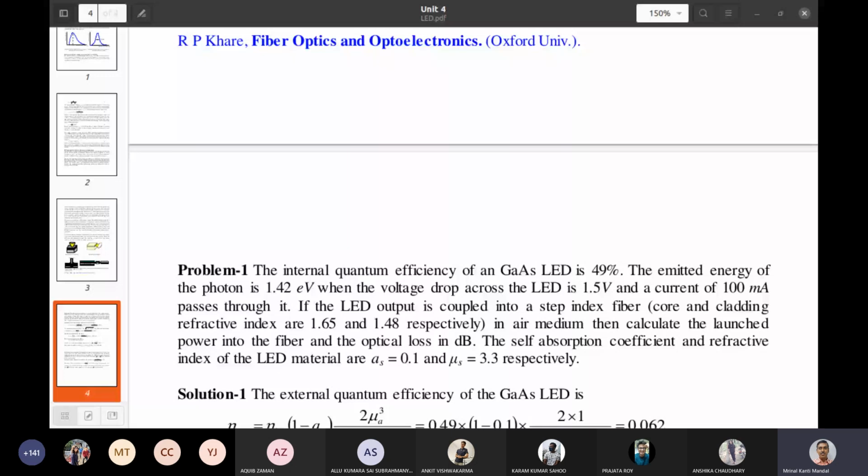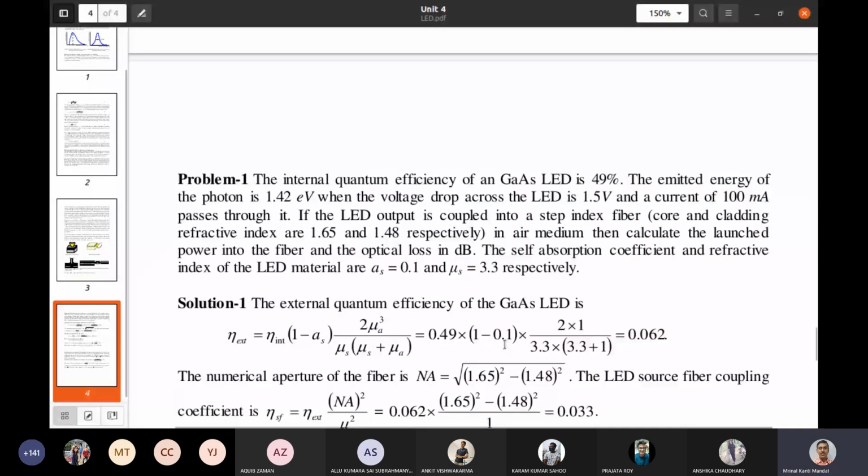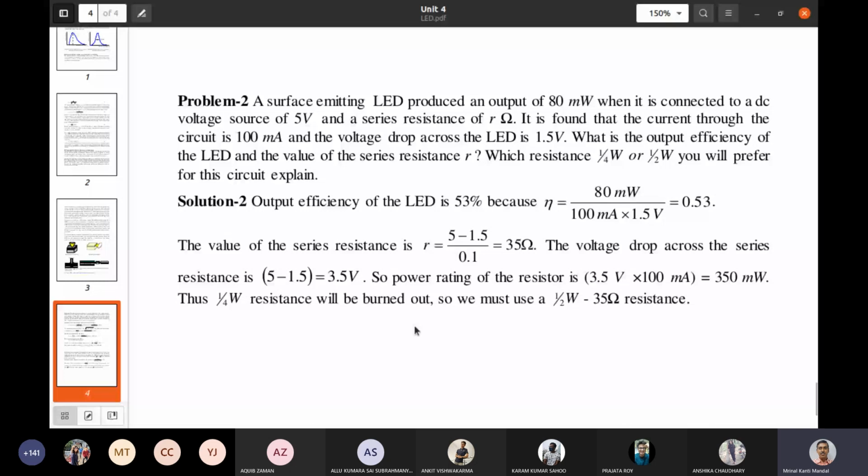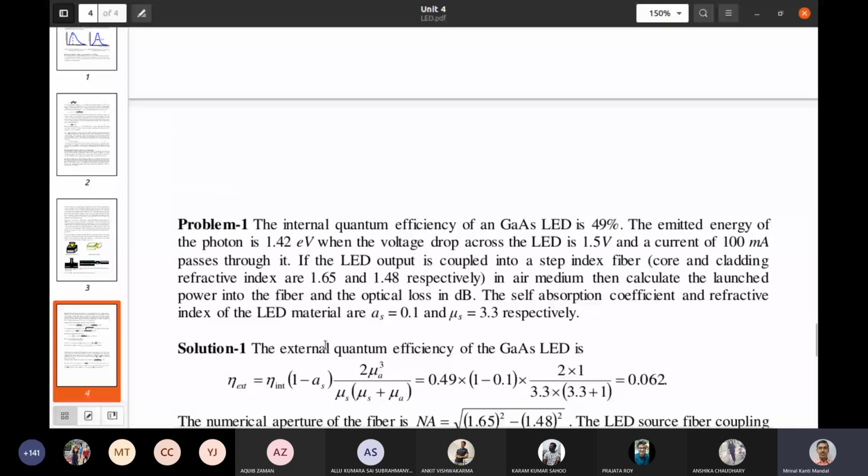I have given here two problems, and I have also solved them. The first problem: the internal quantum efficiency of a gallium arsenide LED is 49%. The emitted energy of the photon is 1.42 eV. The voltage drop across the LED is 1.5 volt and a current of 100 milliampere passes through it.